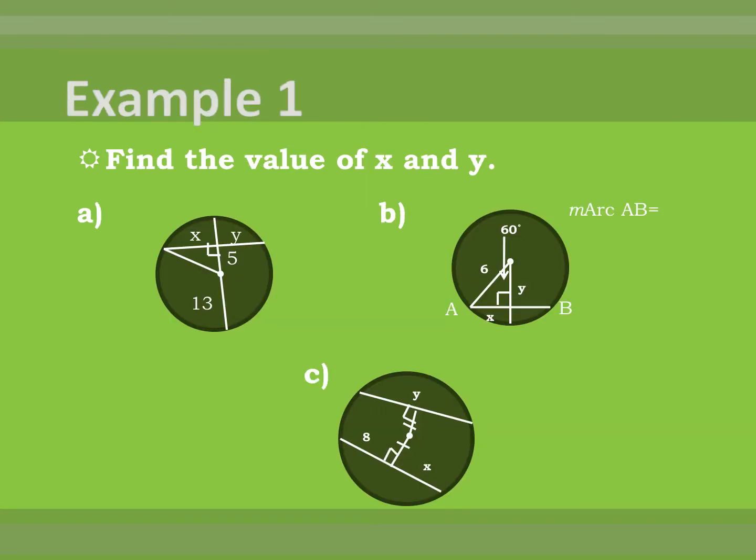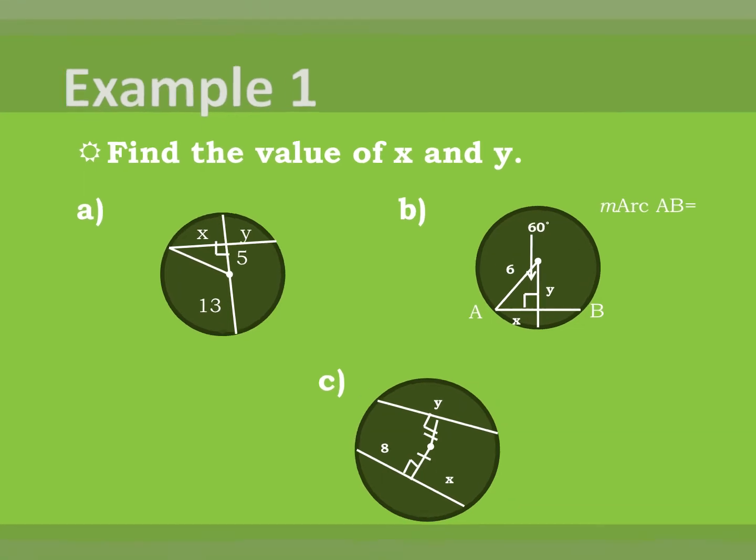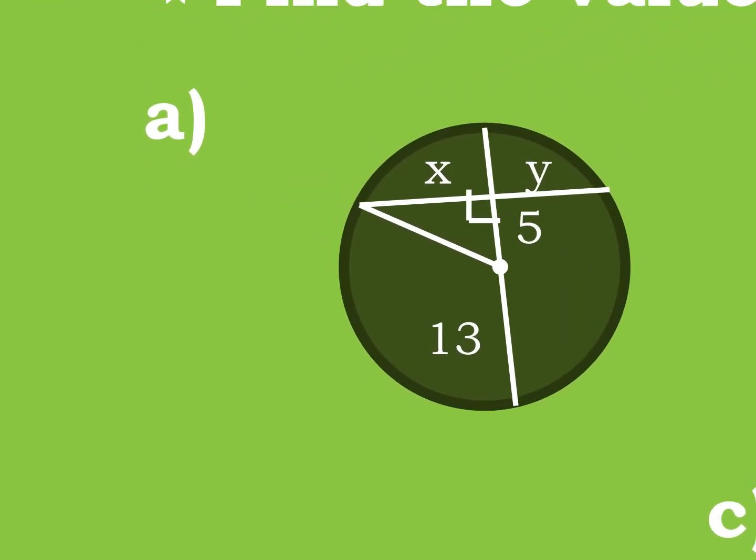So it wants us to find the values of x and y in each of the pictures. So let me zoom in here and let's take a look at example 1A. So notice in this picture, here is the center of my circle. And I've got some radii going on here. So I've got a radius right here, which has 13.